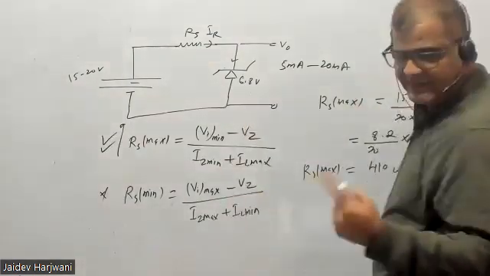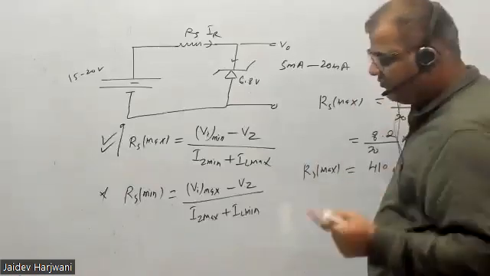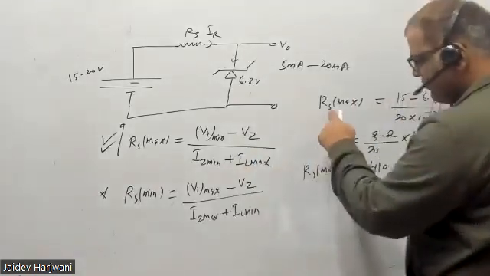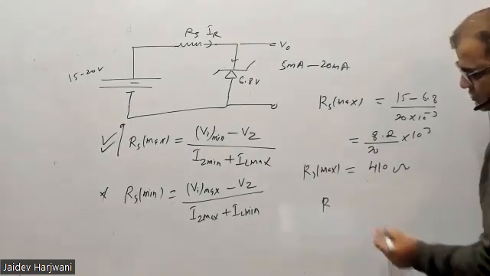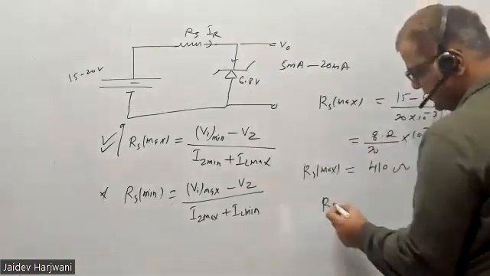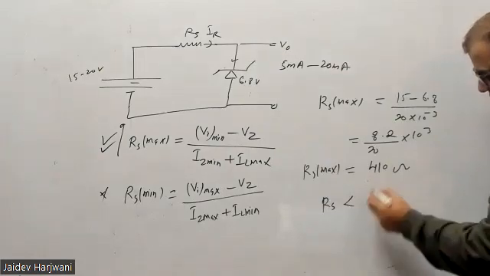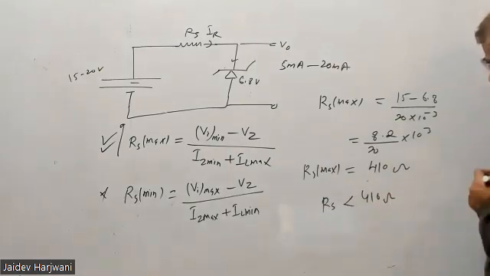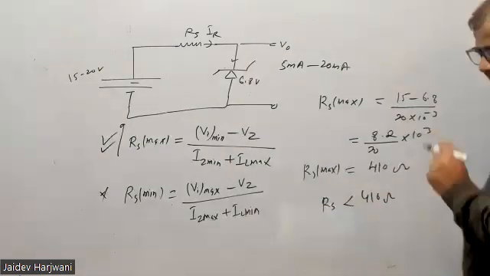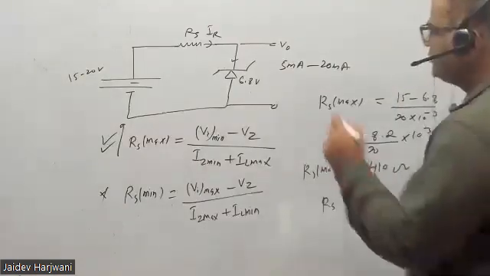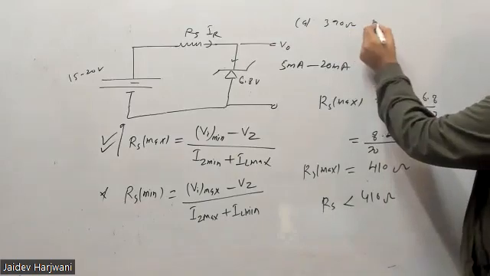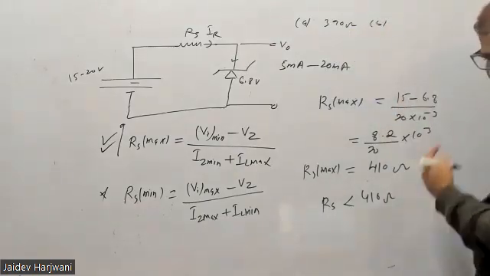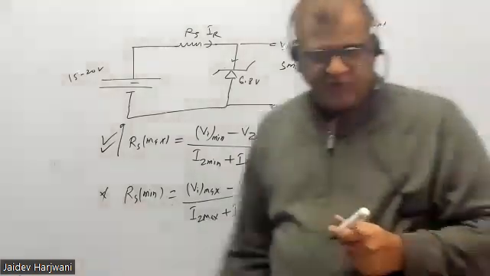This is the maximum value when I'm putting IZ minimum as 0. But actually IZ minimum is not zero, it is some minimum value, so this value will go down. So RS should be less than 410 ohm. Only option A says that your resistance is 390 ohm. All other options have a resistance greater than 410 ohm.